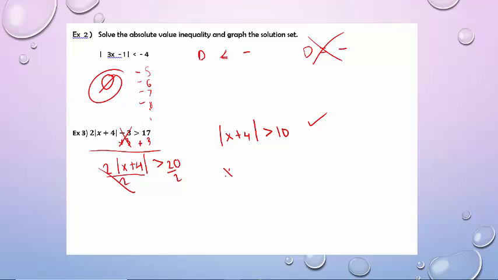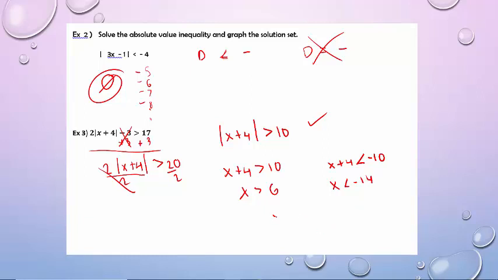So we'll go ahead and make our cases. There's our case 1. In case 2, we're going to switch and change to negative 10. So my first answer will be x is greater than 6. My second answer will be x is less than negative 14.